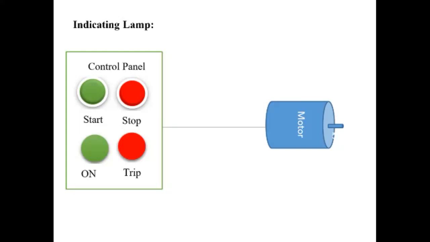Red lamps are reserved for safety critical indicators: power is on, the machine is running, the access panel is open, or that a fault has occurred.